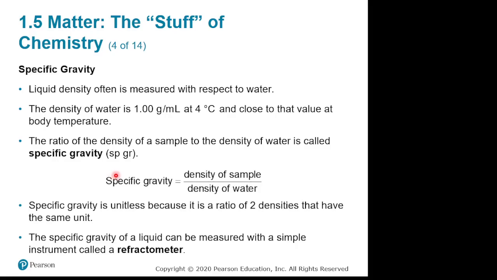This is the abbreviation, SPGR. All that is, you just take the density of the sample you're looking at and divide it by the density of the water. Now, note that at 4 degrees Celsius, it's just the same number. The only difference is it does not have units, because your units would actually cancel out the grams per milliliter. So it is actually a unitless number.